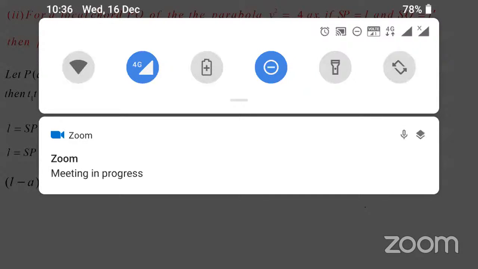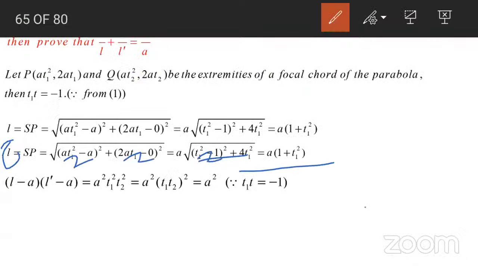Similarly you can find this one; this is a t2. Then (L minus a) into (L dash minus a). Then you will get L L dash into (L minus a)(L dash minus a), giving a square t1 square t2 square. That is nothing but this value. We know t1 t2 is minus 1 from the previous problem. So that is nothing but a square.